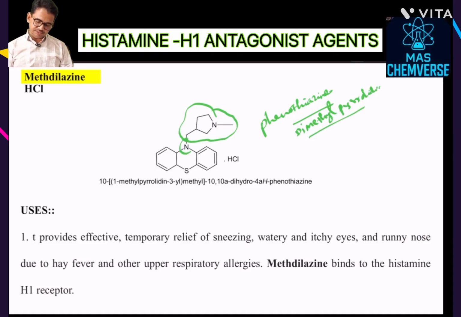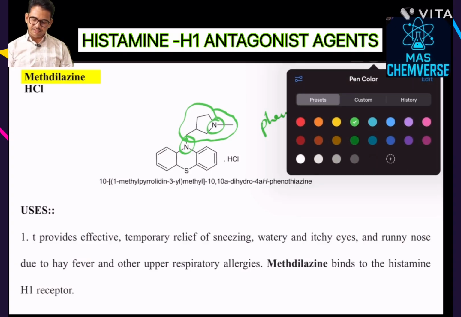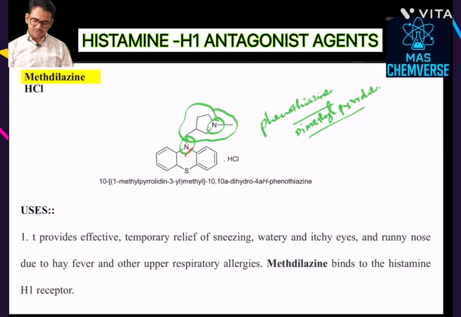It will be attached to one nitrogen here and one nitrogen here. There are 2 nitrogens, this one and this one. It is called the diazine. That's why it is called the methylazine.